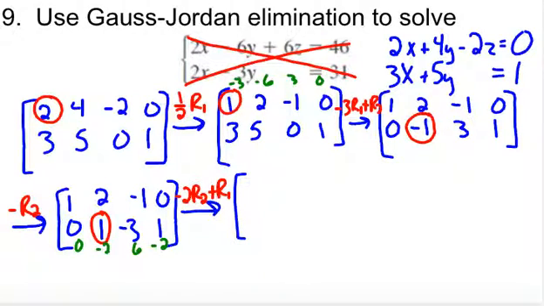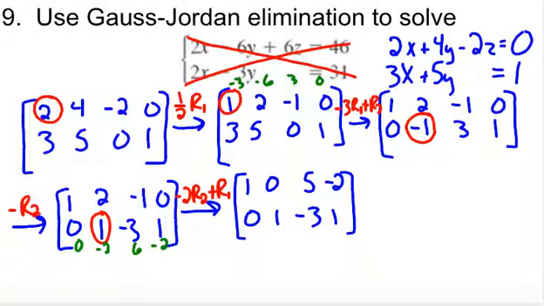The second row is unchanged, so let me just rewrite that. So the green plus row 1: 0 plus 1 is 1, -2 plus 2 is 0, 6 plus -1 is 5, and -2 plus 0 is -2. So that looks good. I am in reduced row echelon form.